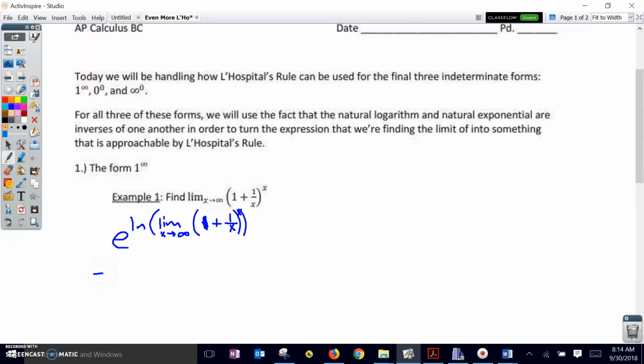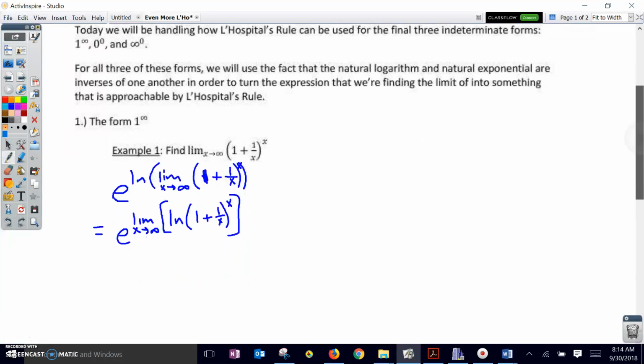And so this is going to be equal to e to the limit as x goes to infinity of natural log of the quantity 1 plus 1 over x to x. I like to say that, the log of the limit is the limit of the log. It's very sing-songy and kind of helps remind me what's going on there.